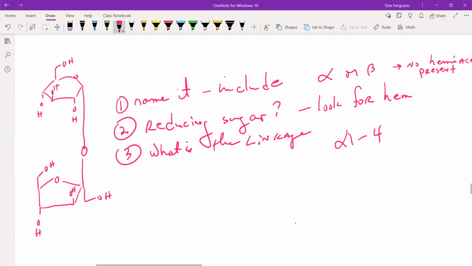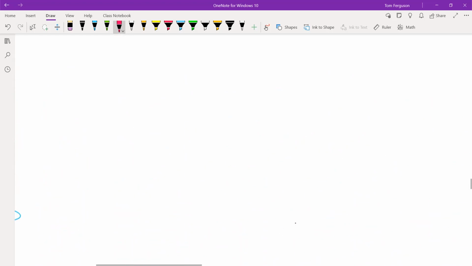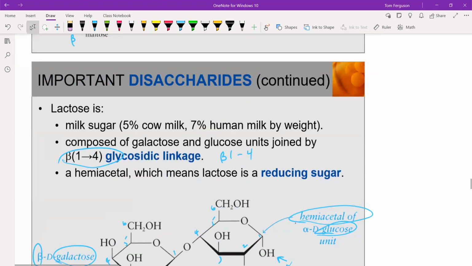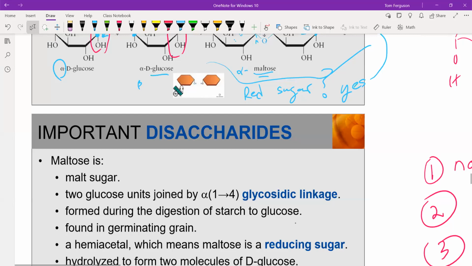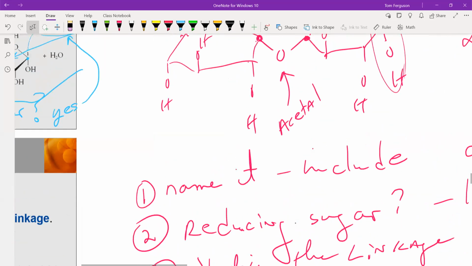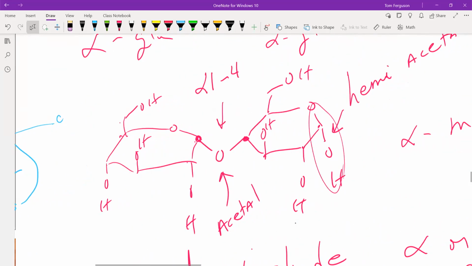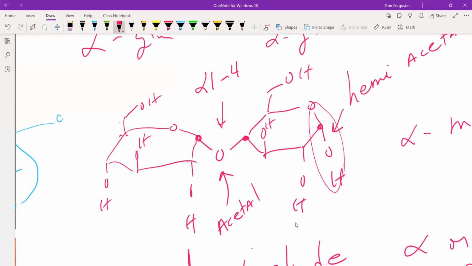Okay, so all the anomeric carbons are connected, as opposed to up here, where we have an anomeric carbon that's not connected to anything. So then it's going to be an alpha or beta.